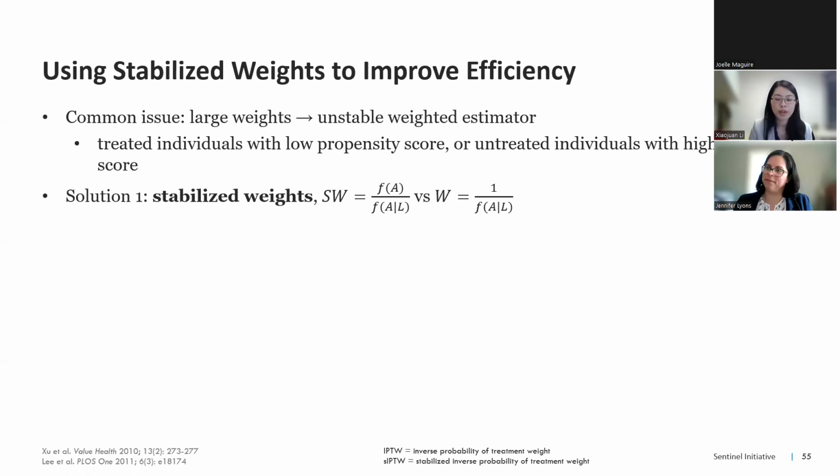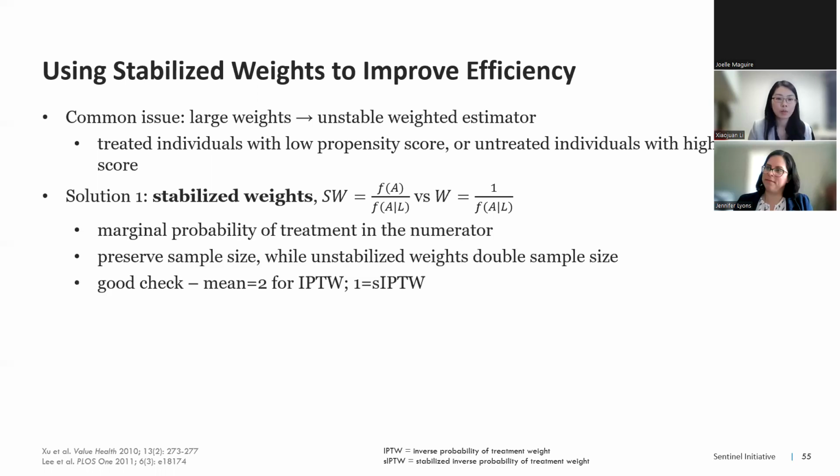The stabilized weights are calculated by multiplying the regular inverse probability weights we just went over with the marginal probability of observed treatment without conditioning on the confounders. So the numerator of these stabilized weights now is this marginal probability of observed treatment instead of 1 in the unstabilized weights.